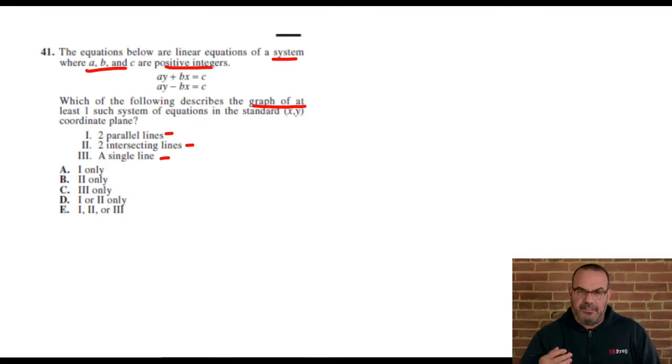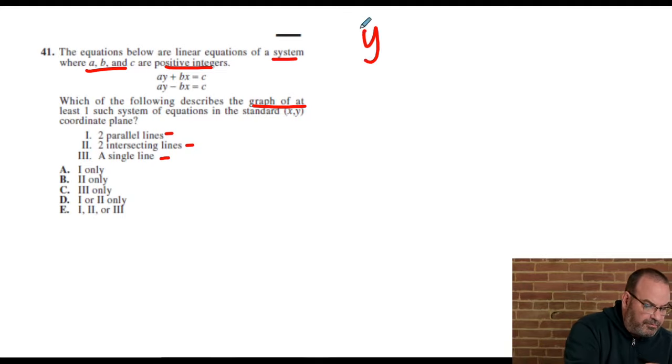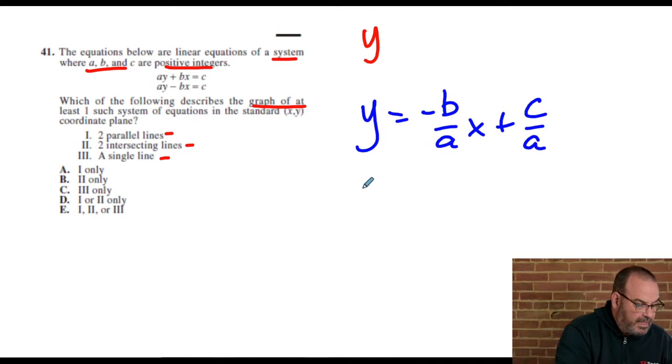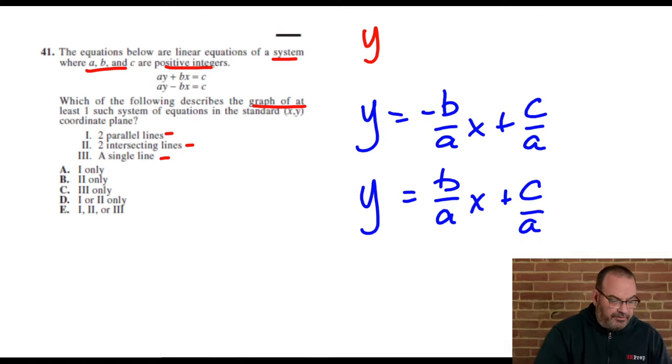So what we have to do is put both of these into slope-intercept form, which is solve for y. So let's take the first one, and we get y equals negative b over a x plus c over a. And the second one, we get y is equal to positive b over a x plus c over a. That's solving for them.